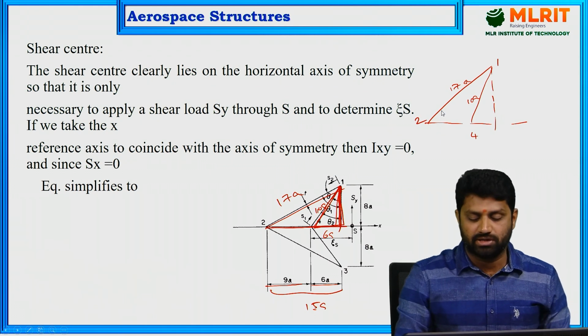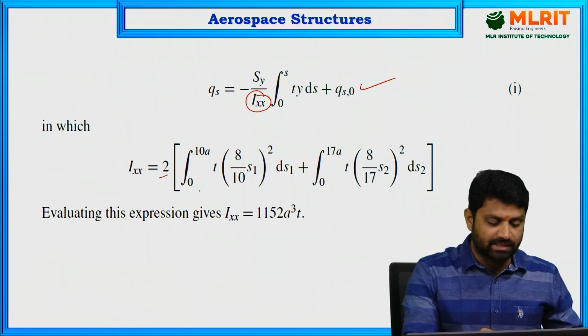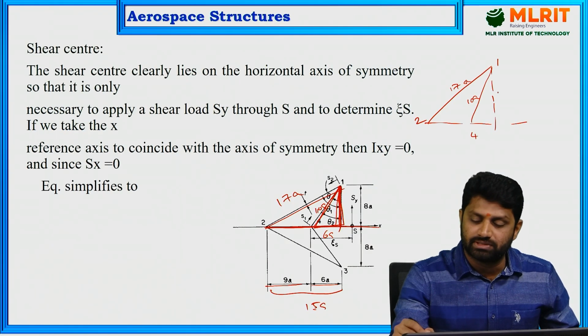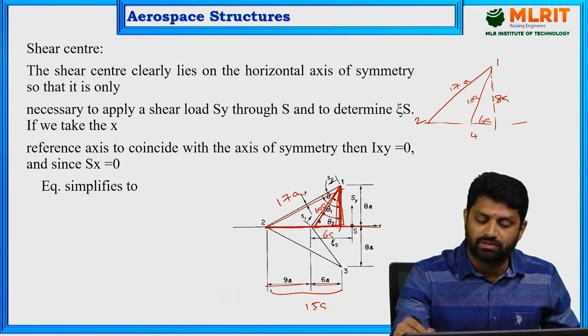You have to understand that here it is 10a. So for the problem, the first is taken as 10a, and t y square ds. This is 6a, and this is 8a, if you consider this one.